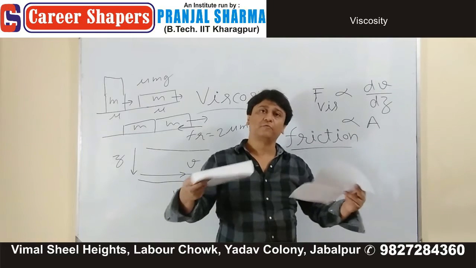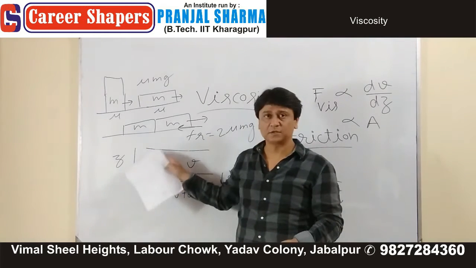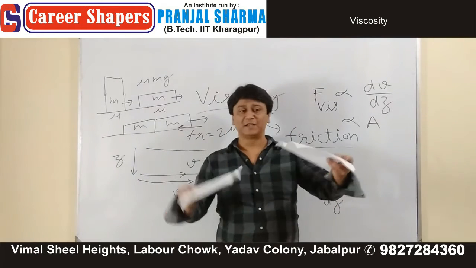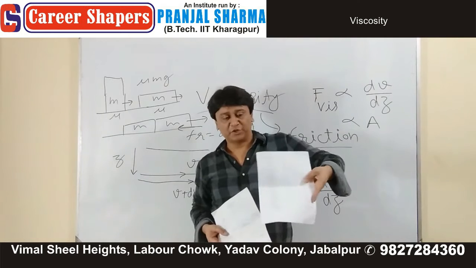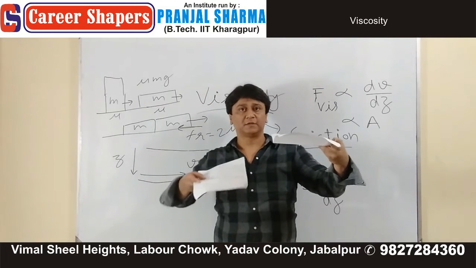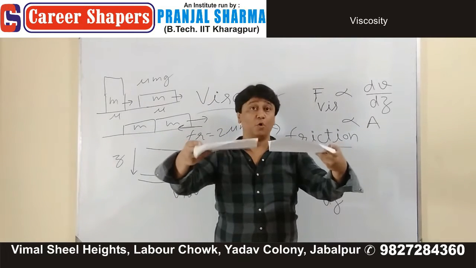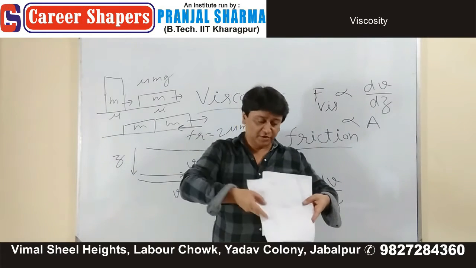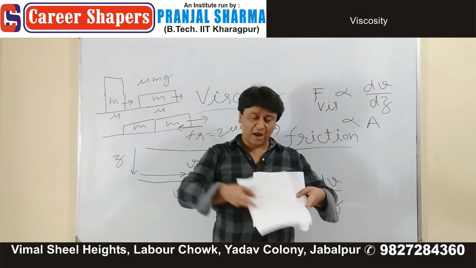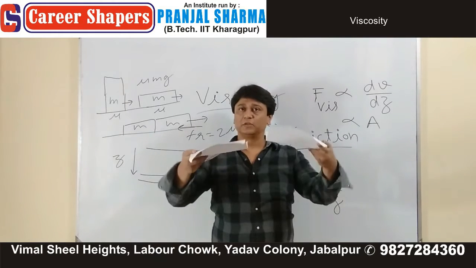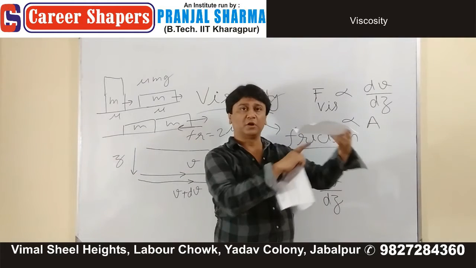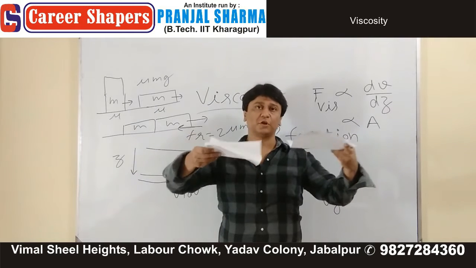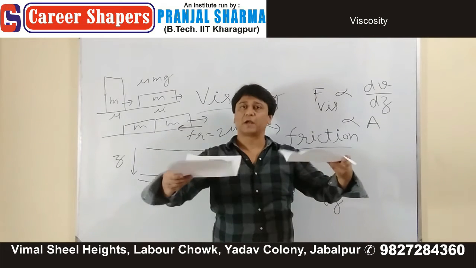When we talk about force of friction acting between the layers, we are not interested in their individual masses, but more fundamentally what is happening, if you have a layer of this much area and then I increase surface area by adding more liquid, I am effectively doing what? I am increasing the total mass.